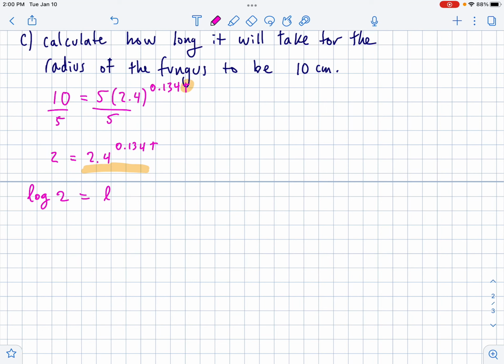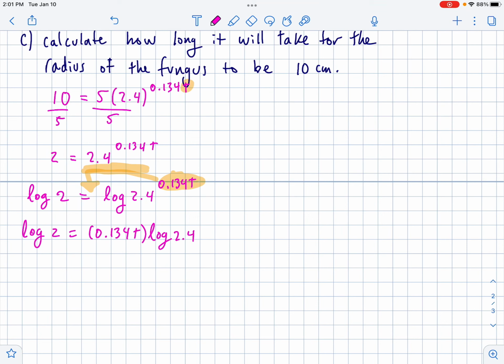Now that we have this part all by itself, we can log both sides and get log 2 is equal to log 2.4 to the 0.134 t. Then that power can come out in front. So we're going to bring it out front and say this is log 2 equals 0.134 t times log 2.4.